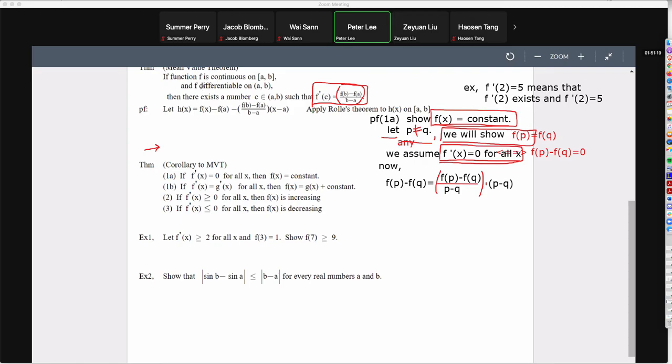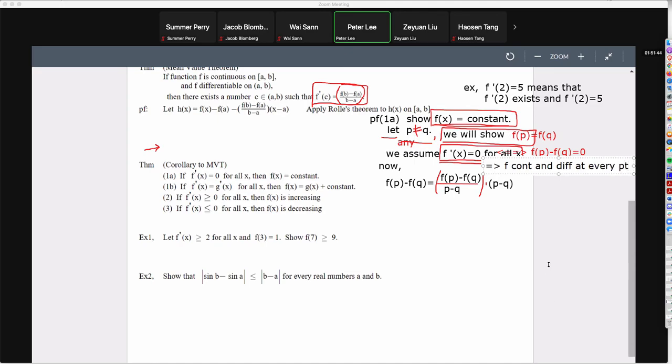In other words, is the function differentiable and continuous? Yes. If f prime of x equals 0 for all x, then f is continuous and differentiable everywhere, at every point.